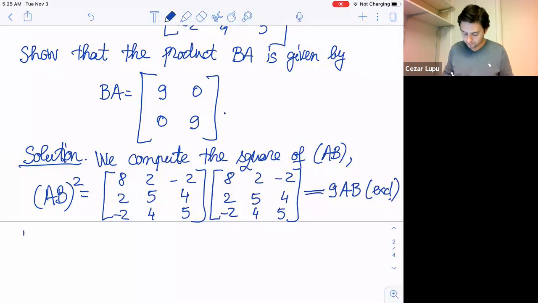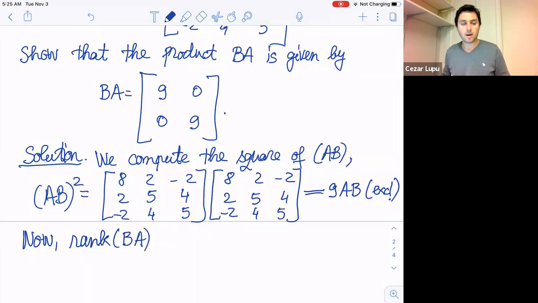By applying the basic properties of the rank, the rank of BA is greater or equal than the rank of BA times another matrix. For example, we can put any combination here. Let's put BAB. Right, we will always have this.